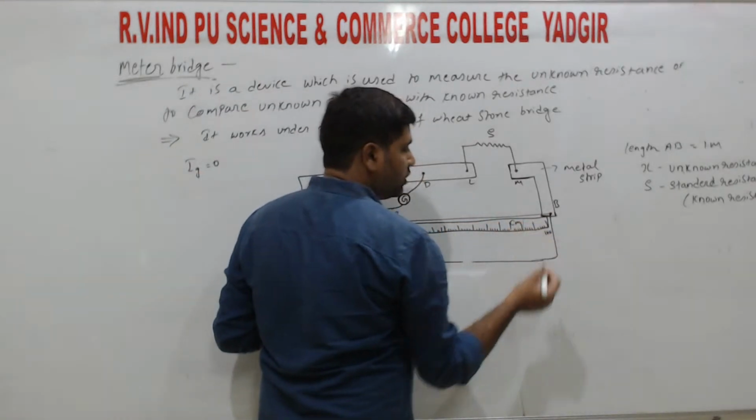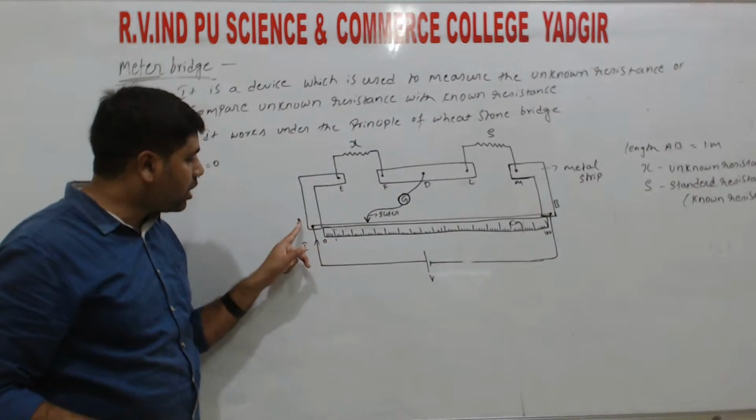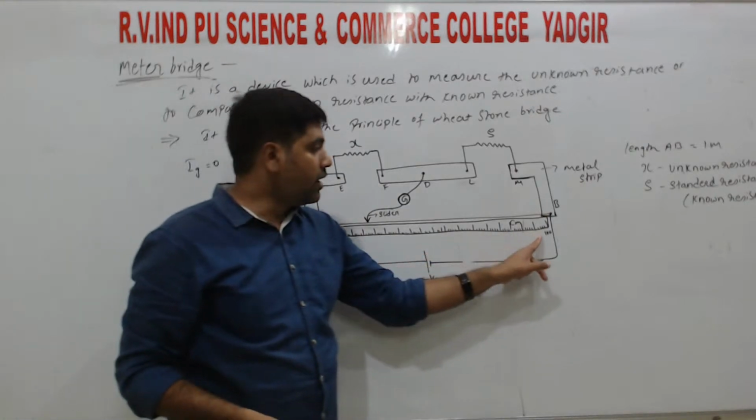So 0 is always near A and 100 is near the B point.